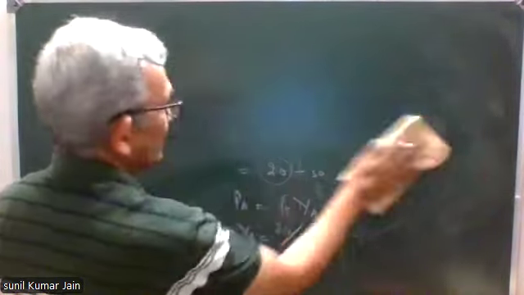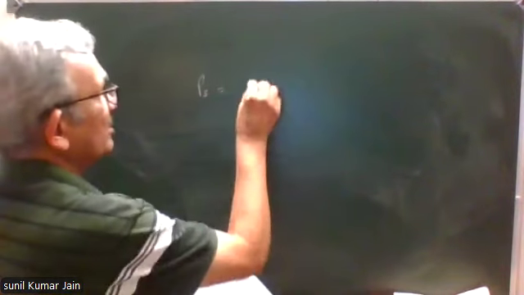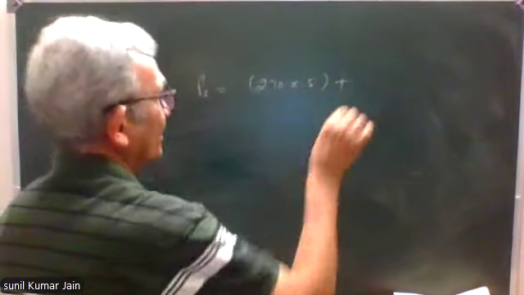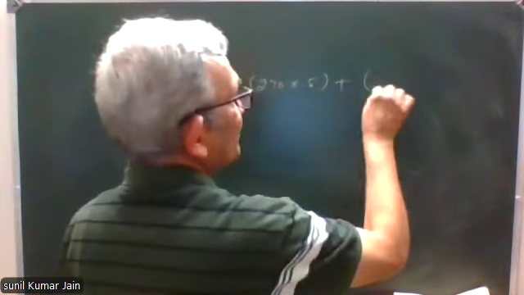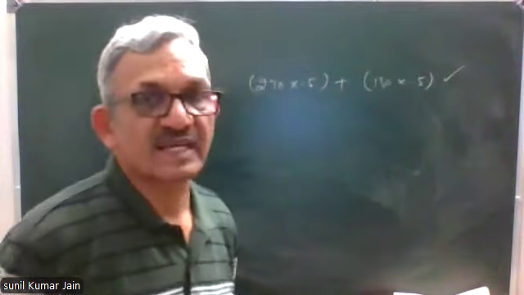So that is something you can write in words and tell that mole fraction of both the components is 0.5 each. PS will be P naught 270 into mole fraction plus P naught of the other component 130 into mole fraction. This is the answer.